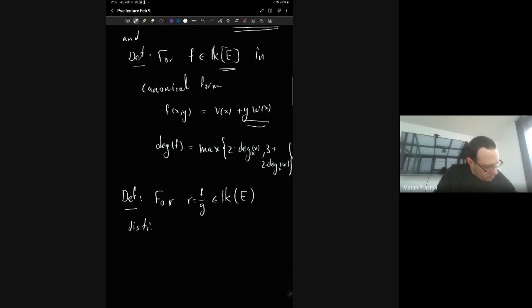Distinguish 3 cases. The first case is that the degree of f is smaller than the degree of g.